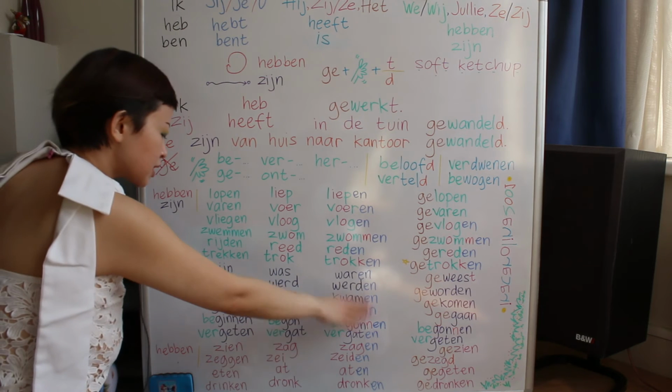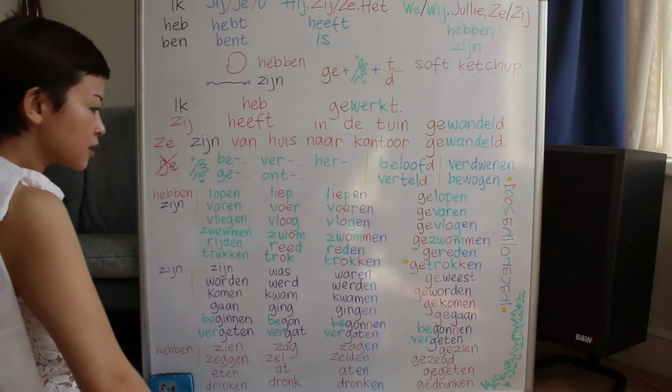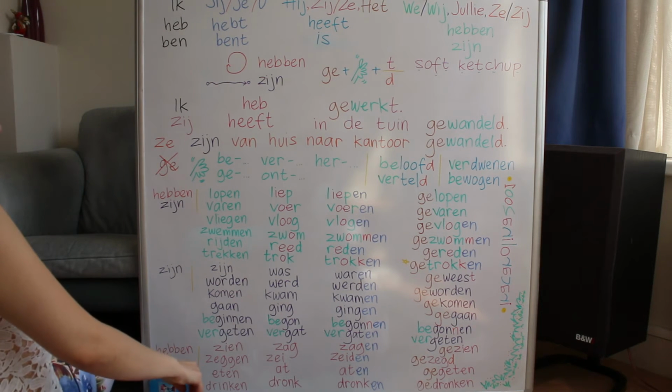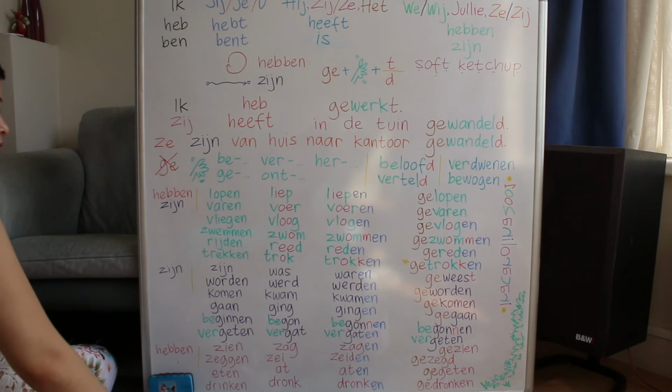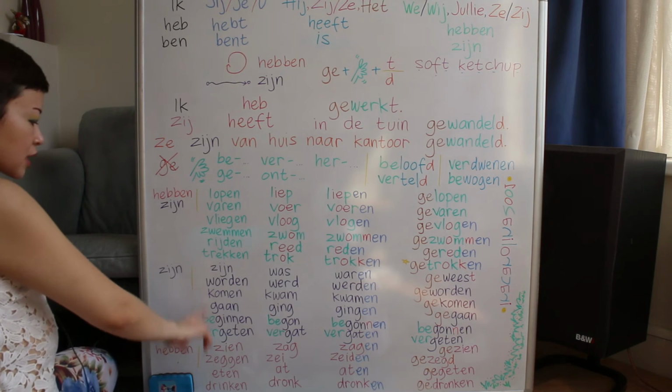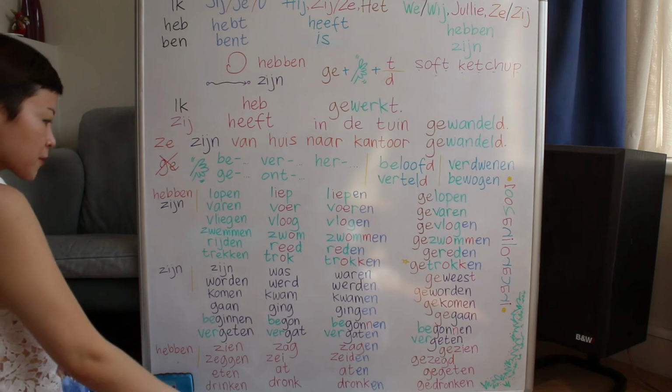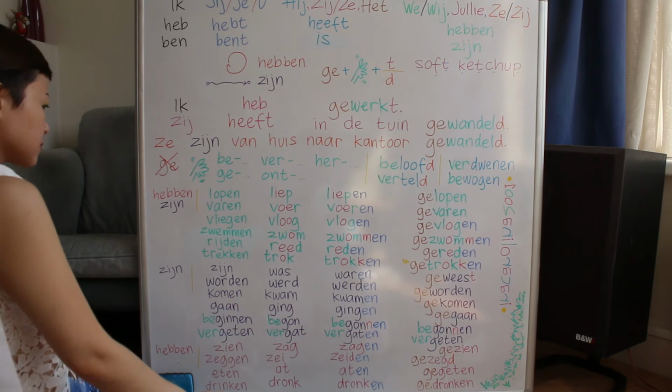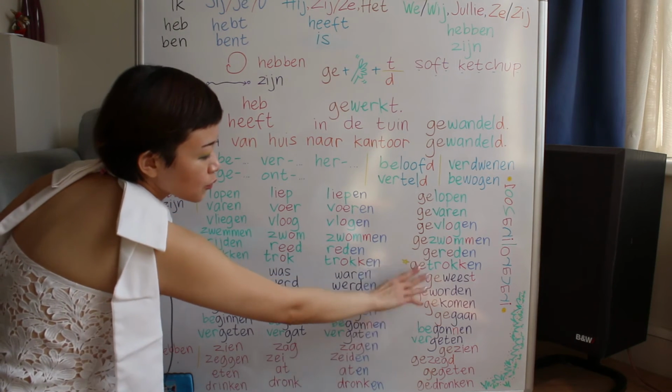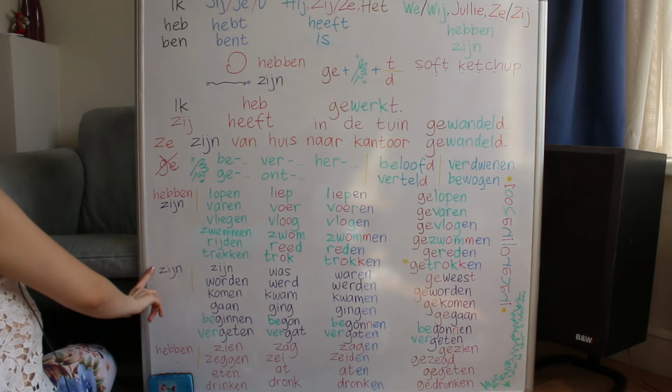And for these irregular words, we use zijn, always zijn, always. So these verbs always work with zijn.